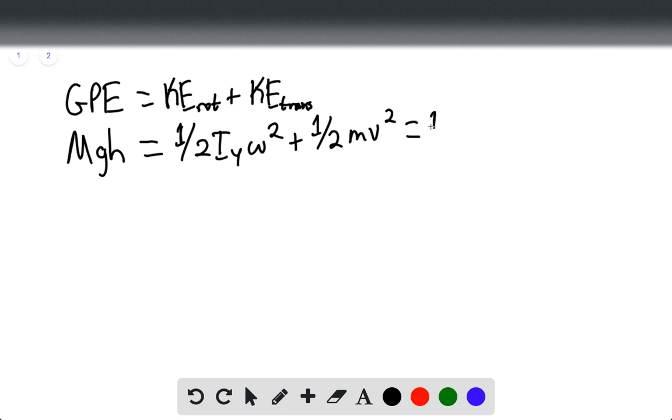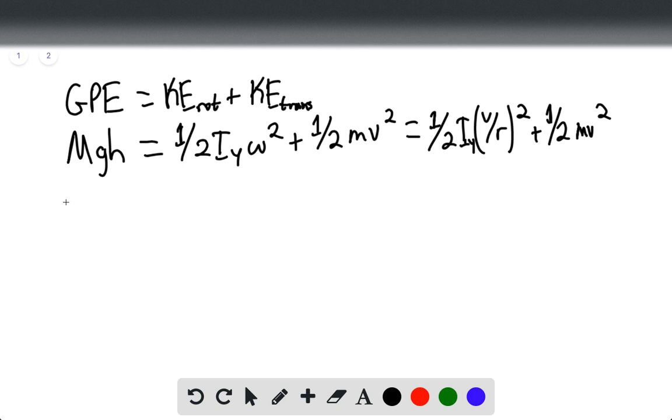And we know that angular velocity is simply going to be equal to v over r. So that's going to be I of the yo-yo, v over r squared plus half mv squared. Now that we have all of our energies accounted for, we can solve for v.